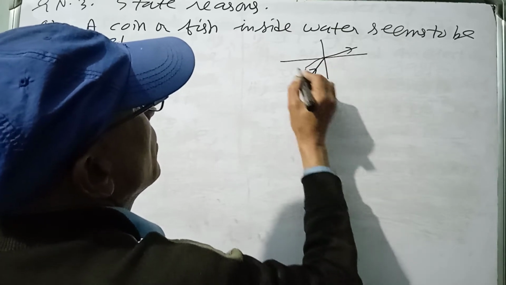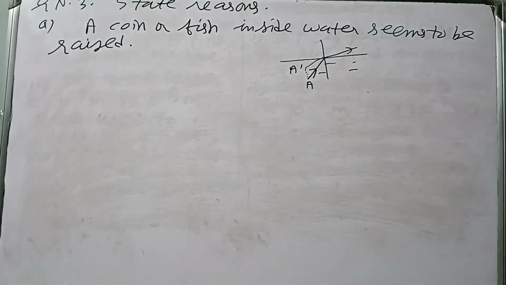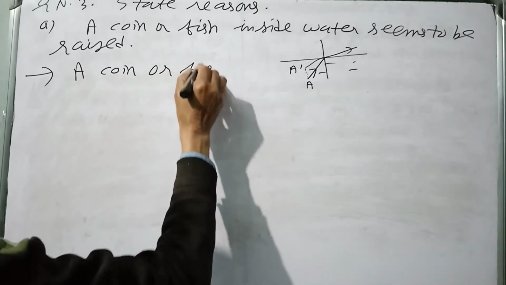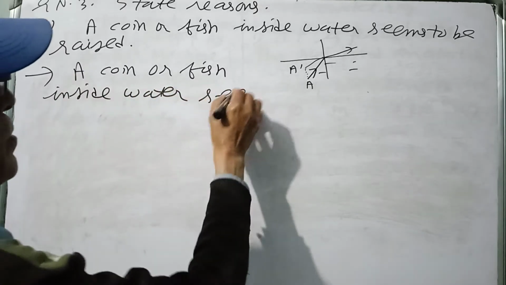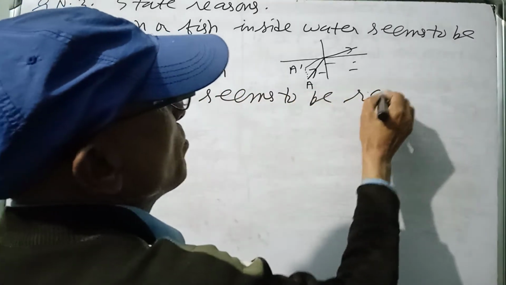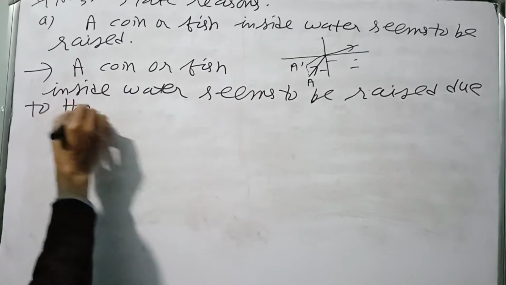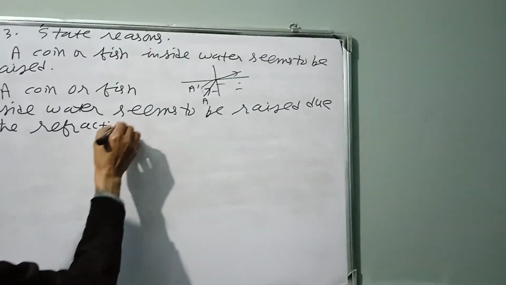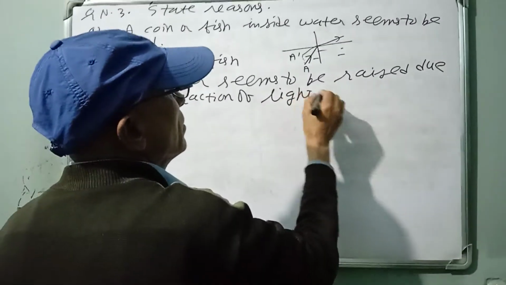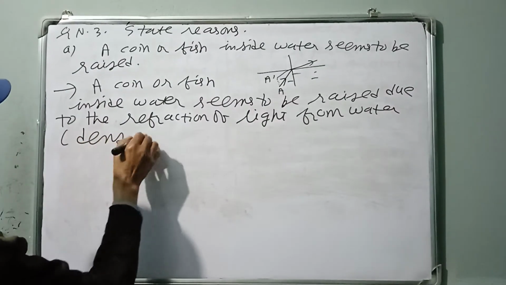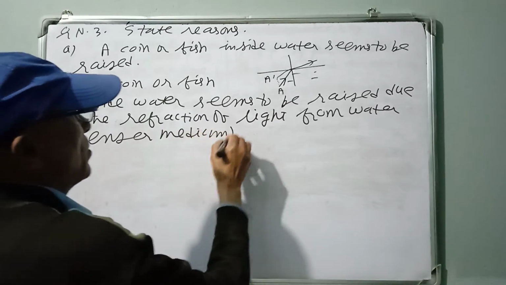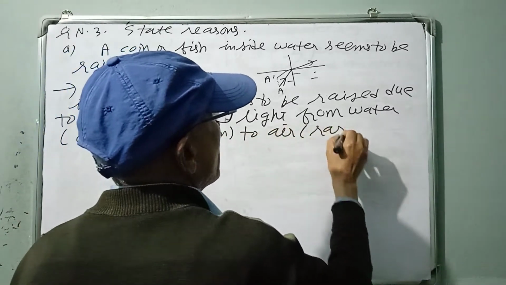See, what happens? The answer is a coin or fish inside water seems to be raised, due to the refraction of light from water, denser medium, to air, rarer medium.